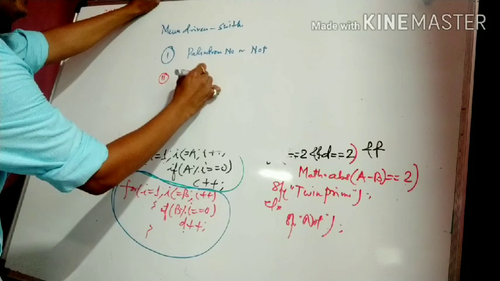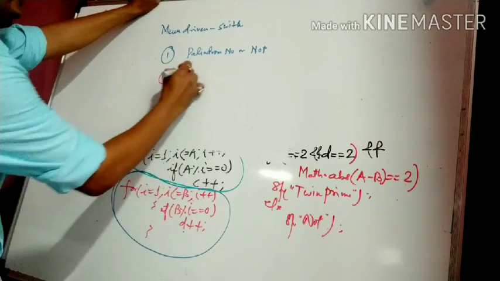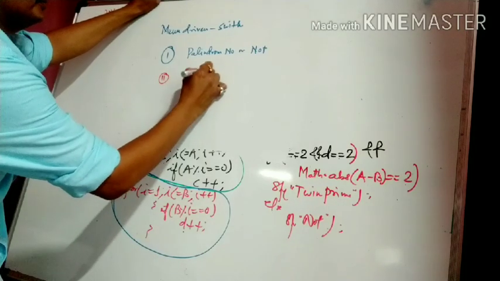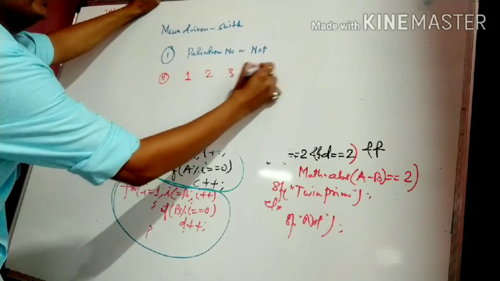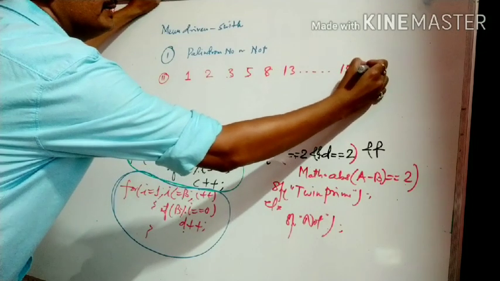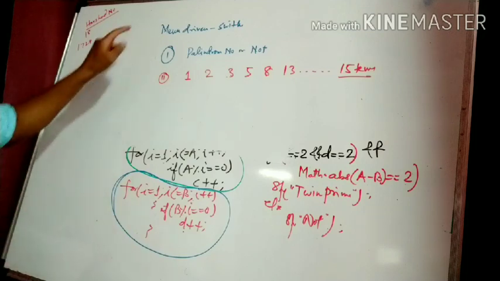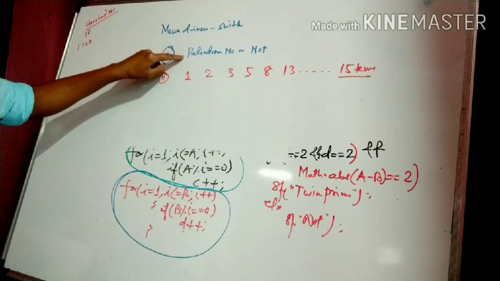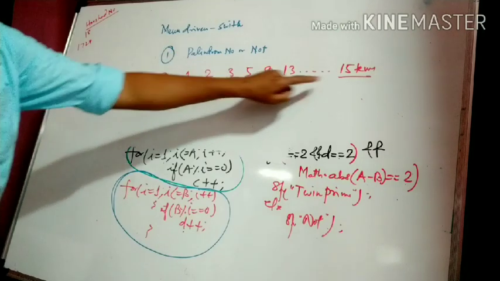Number 2, you print the Fibonacci series 1, 2, 3, 5, 8, 13 dot dot dot 15 terms. Here the terms are fixed, 15 terms. So using a menu driven program, you check whether the number is a palindrome number or not after inputting it, and number 2, Fibonacci series up to 15 terms.